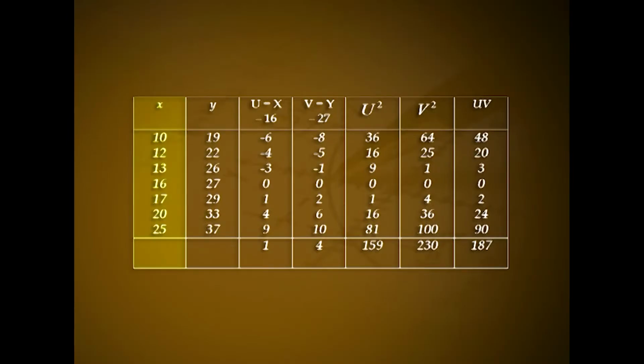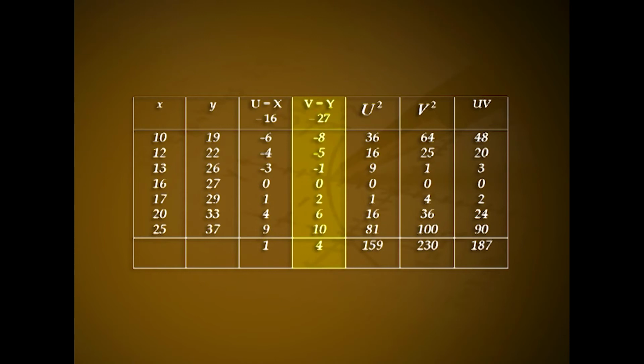The calculations are: x values 10, 12, 13, 16, 17, 20 and 25. The corresponding y values 19, 22, 26, 27, 29, 33 and 37. u values, x minus 16, are minus 6, minus 4, minus 3, 0, 1, 4 and 9.